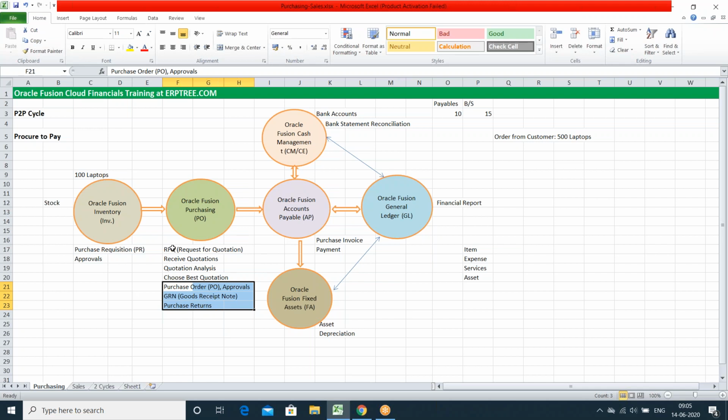The same way, if you want to buy online, with communication with the supplier, we use the supplier portal. If you want to do procurement online, you use self-service procurement, also called iProcurement. Then there are procurement contracts. These are additional facilities you can get with the different applications. So it is one of the applications from the procurement suite.